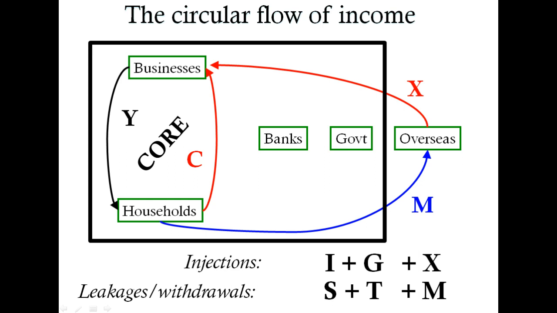And we can see how that system could be in equilibrium, in a state of stability, but equally it could be in a state of disequilibrium due to the injections not being equal to the withdrawals, which could create problems. Or it could be beneficial in some cases, but that's something we might look at a little bit later.